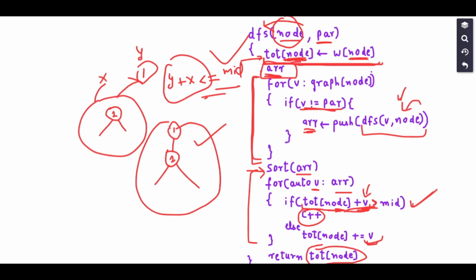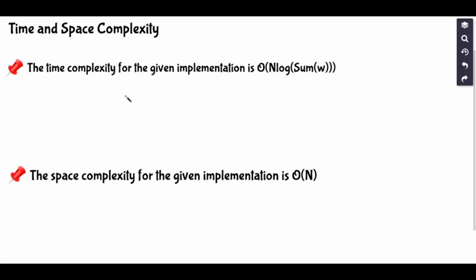Now I hope you got the implementation. Let's jump to the time and space complexity. We are performing depth first search, so what is the range? As we know, we are performing binary search over the range from the maximum element in the weights array up until the sum of all the elements in the weights array.